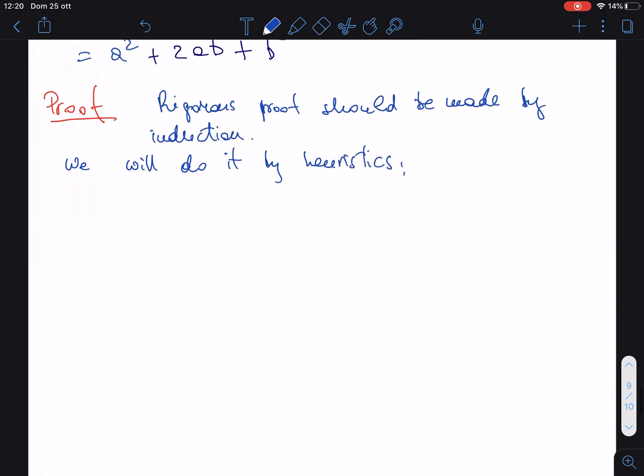So here we have (a+b) to the n power. We want to prove it. (a+b) to the n power. So let us reason, what does it mean (a+b) to the n power? It means that you have to replicate the bracket (a+b) n times, up to the nth (a+b).